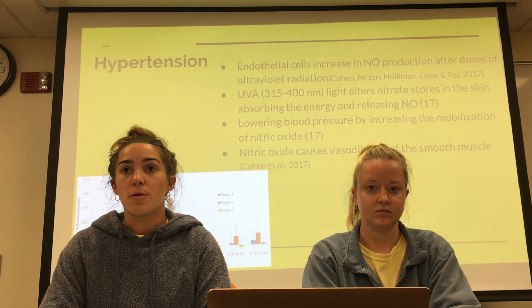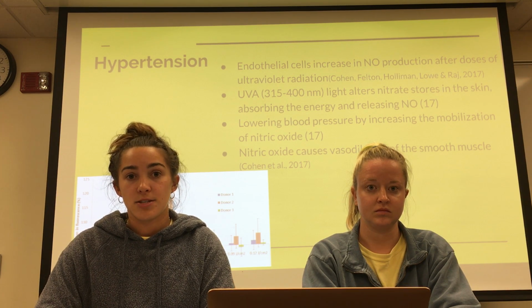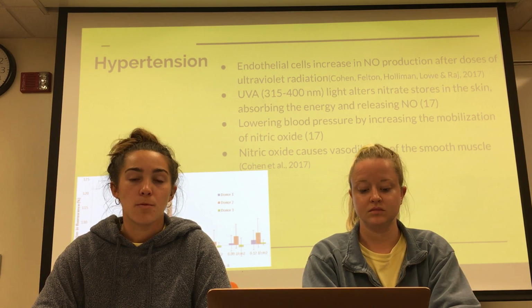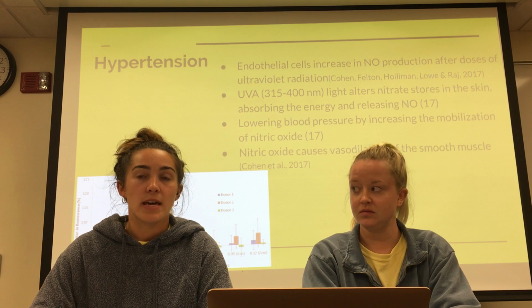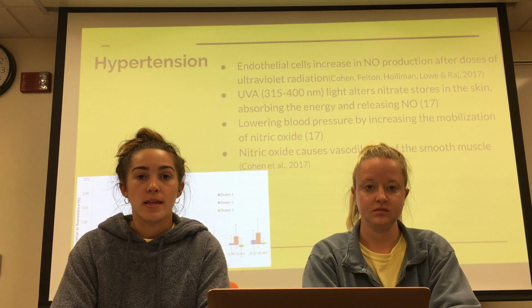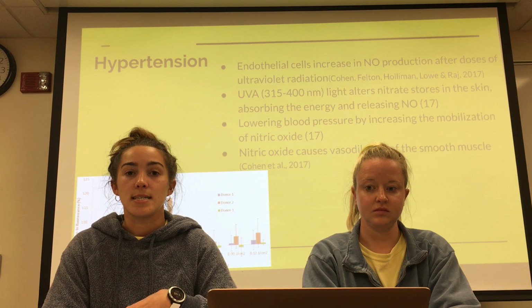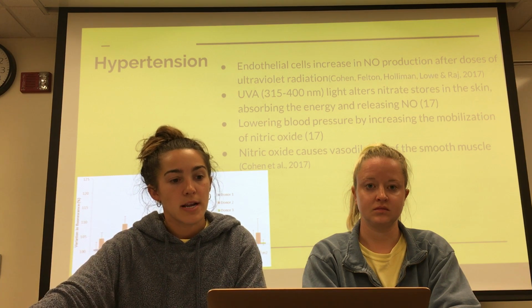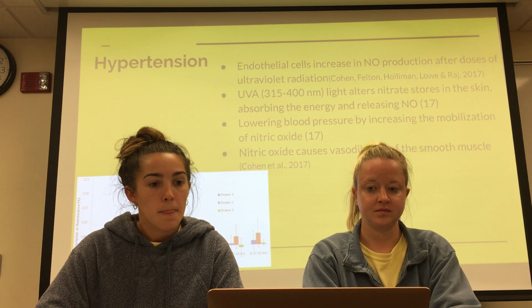The wavelengths at which the nitrite stores absorb are similar to the wavelengths of the UVA rays. So when the UVA rays come in, they stimulate the nitrite stores, which take in the energy and end up releasing the nitric oxide from the body, and this will lower your blood pressure.